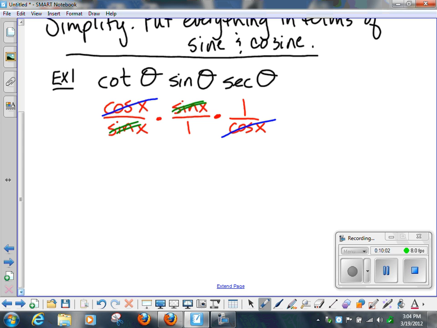What's 1 divided by 1? Really? You mean when I multiply cotangent times sine times secant, my answer is 1? For real. That's it, right there. How about that?